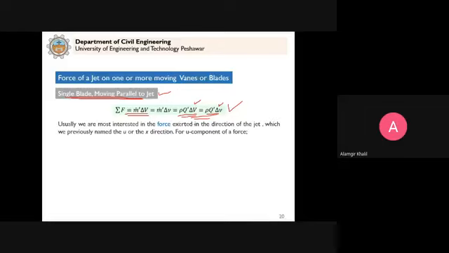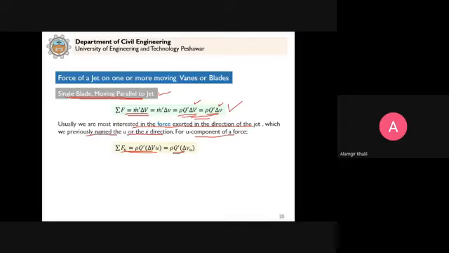Clear? So we are mostly interested in the force exerted in the direction of the jet, which we previously named as u or x direction. So for the u component of the force, Fu will be equal to rho q dash into delta Vu or rho q dash into small relative change in the velocity in the u direction.